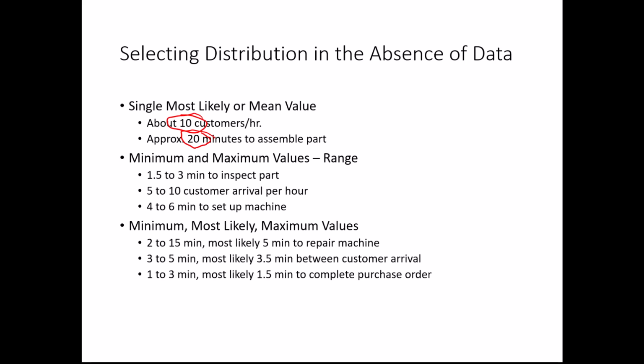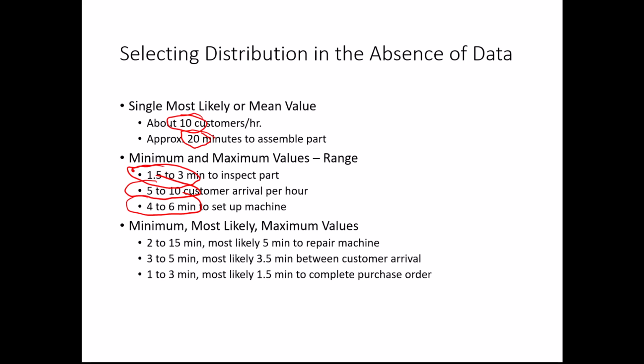Let's say the minimum to maximum range is from 1 to 3, the amount it takes to inspect the part. Now you can use the U distribution, uniform distribution, or you can say my customers arrive between 5 to 10 an hour, or the time to set up the machine is 4 to 6.